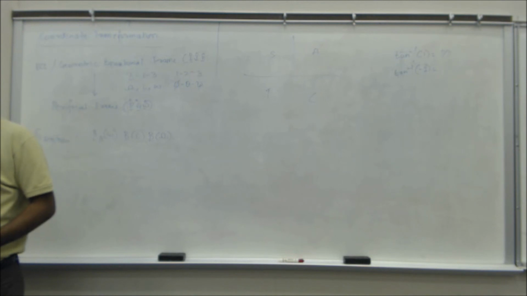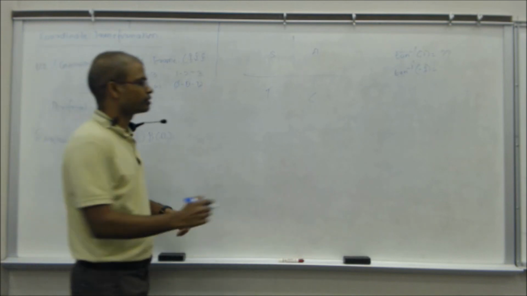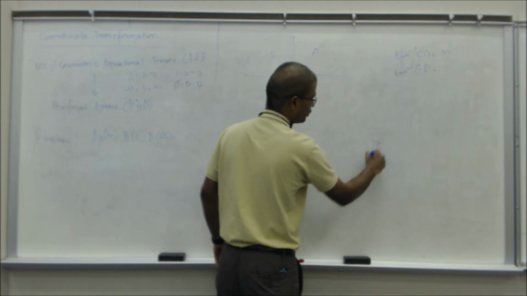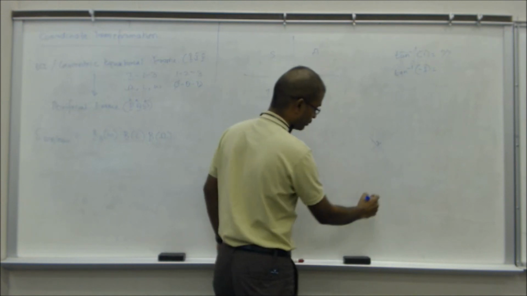So now you'll be able to figure out exactly what angle. Because if this omega is different, you may think your orbiting body is here, but it may actually be here.